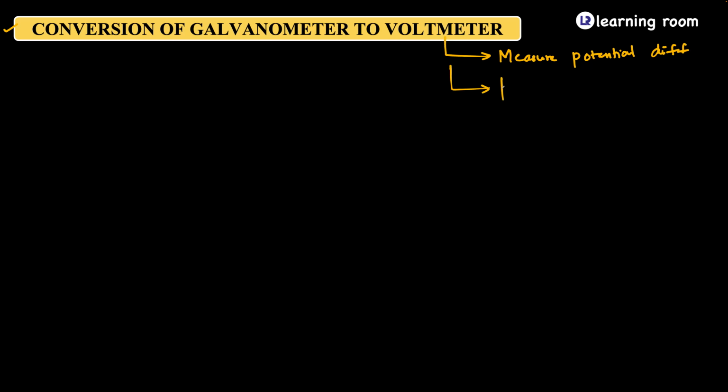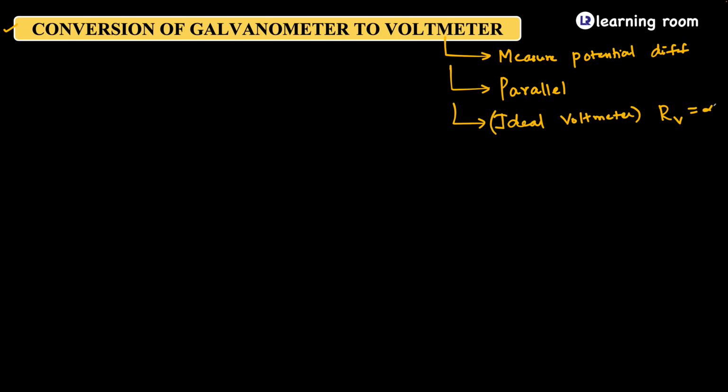Next is, how is this device connected across? It is connected in parallel. And what happens to the resistance of an ideal voltmeter?